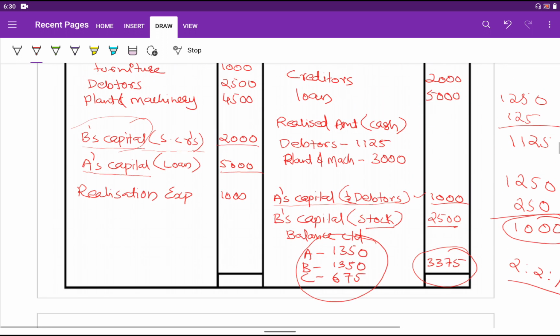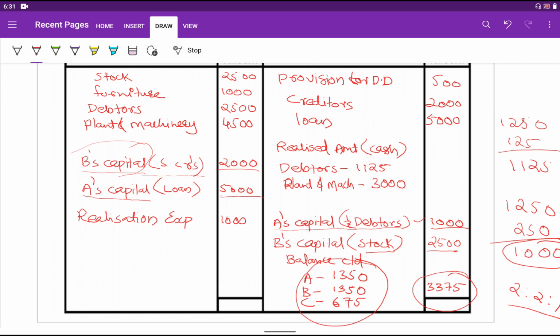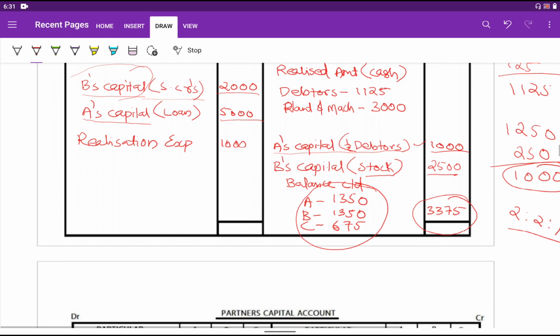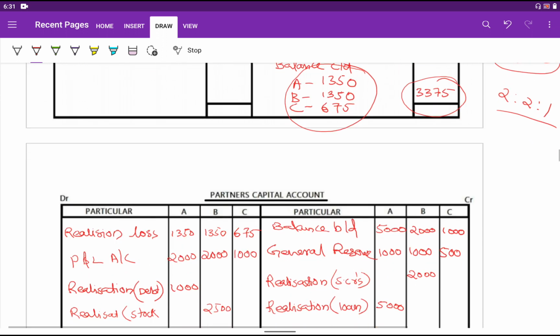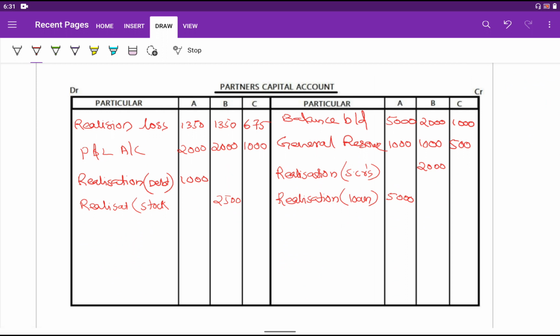Nothing else to transfer. So now we can balance our accounts. We transferred all our accumulated profit and losses, balance breakdown, revaluation loss, and what came in realization in the names of partners. Now we can balance the account. Balance carried on.